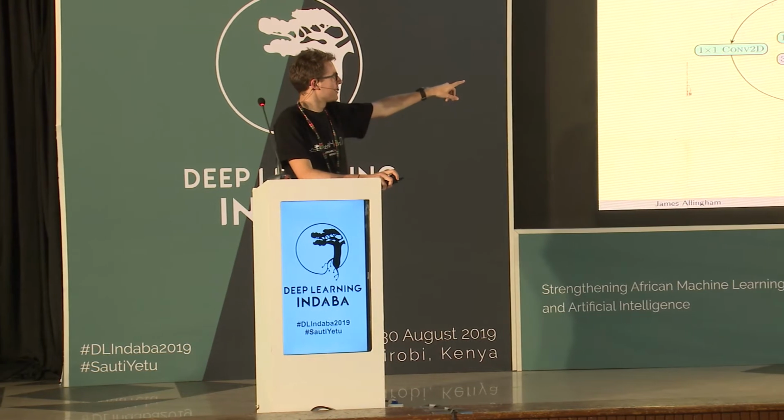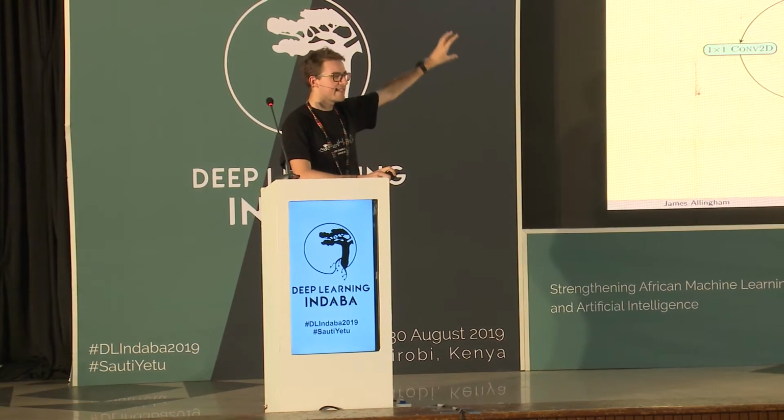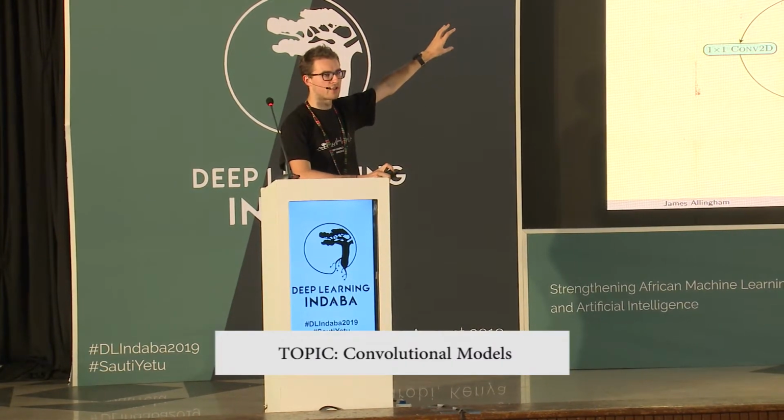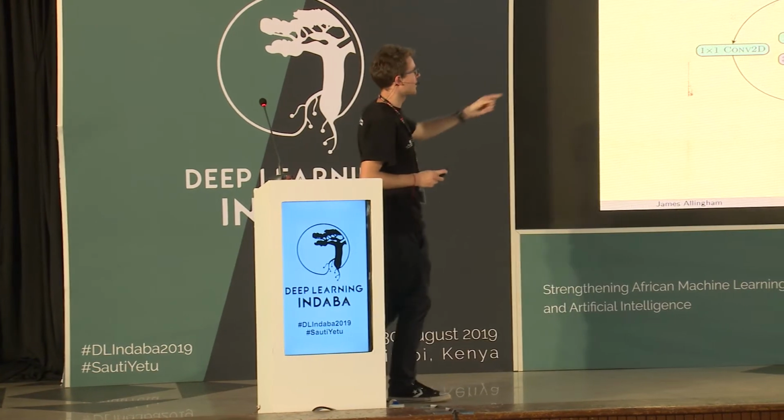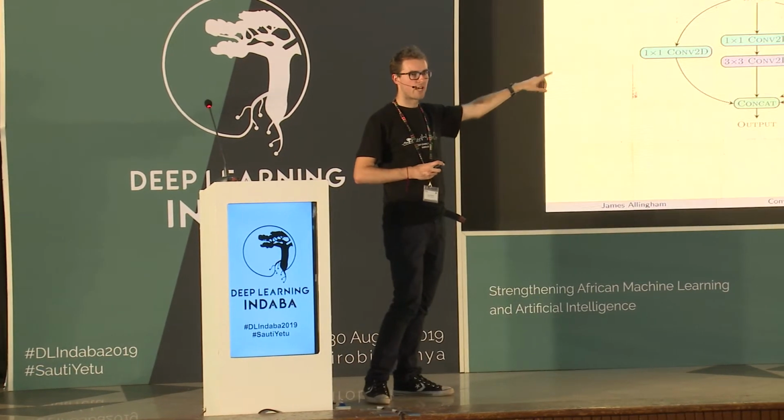Let's say our input to the Inception architecture has 10 channels. That means our 3 by 3 convolution would have to act on those 10 channels. However, let's pretend for a moment that the input was 5 channels all of a sudden. Then our 3 by 3 convolution would only have to act on those 5 channels, and it would be twice as efficient. It would run twice as quickly and have 2 times fewer parameters. So that sounds great, right?